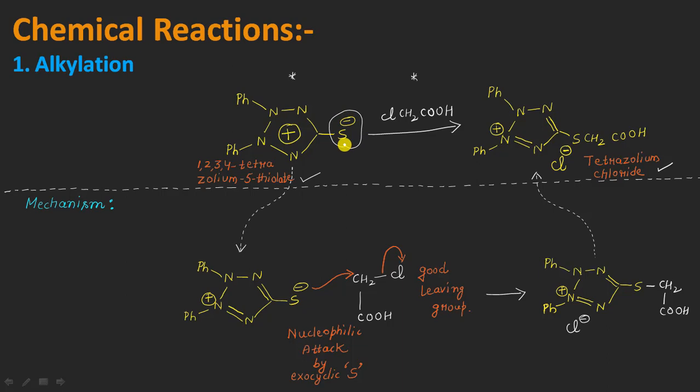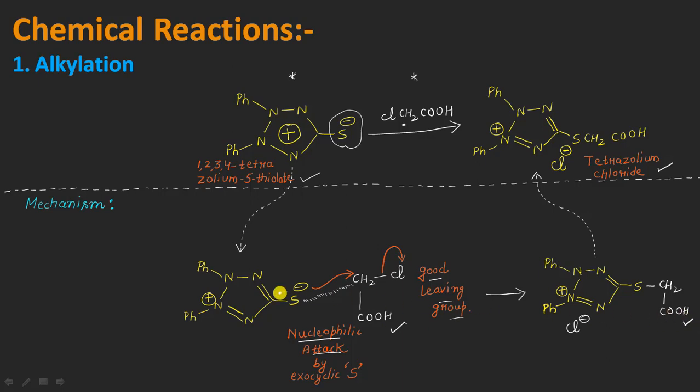So the mechanism will be like this, in which the sulfur negative will act as a nucleophile and it will attack this carbon atom to which the Cl, a good leaving group, is attached, right? So when the sulfur negative attacks this carbon atom, the Cl will go out of the system, resulting in the formation of a bond between this sulfur and this CH2, giving this type of molecule, sulfur single bond CH2, to which one COOH group is also attached, right?